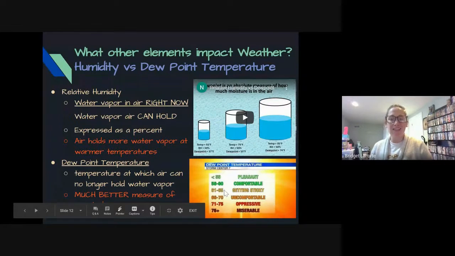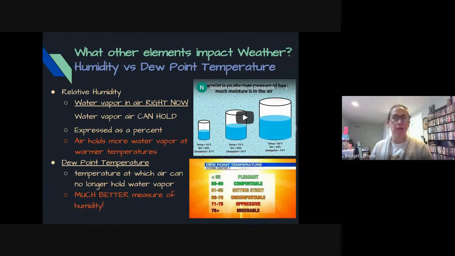So pretty much anything under 60, 61 is usually going to be considered pretty dry and pretty comfortable. As we go over 60 in terms of dew point temperature, then we're going to start to get into that humid range. So this is a much better gauge for humidity than if we were to take a look at that relative humidity percentage.